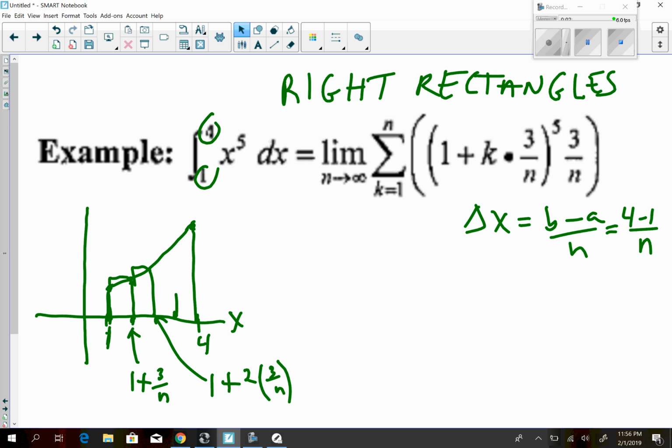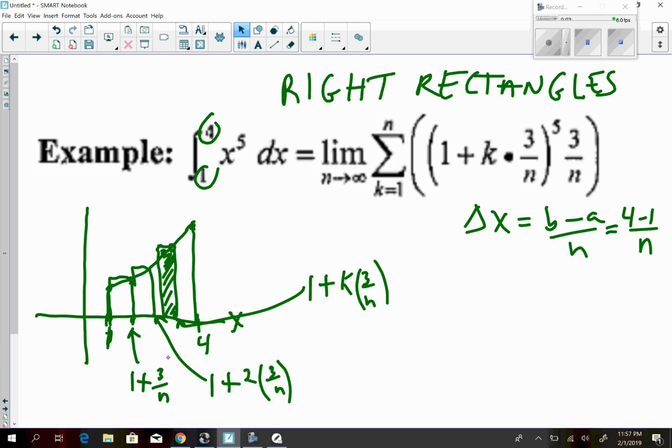In general, any rectangle, this point at the right side is going to be 1, which is the x we're starting at, plus k times the width of each rectangle. When I say k, I mean this rectangle is the kth rectangle. When we take 3 over n times 1, we'd have what's called the first rectangle.